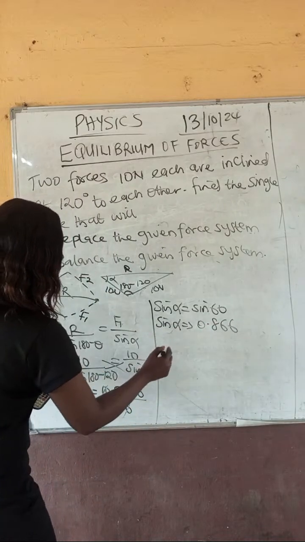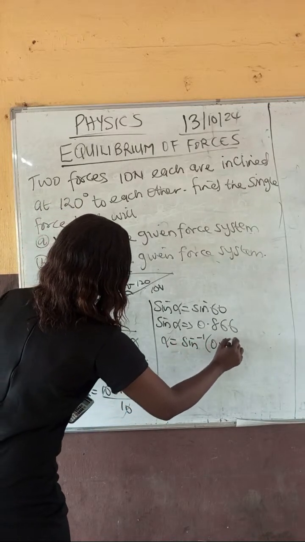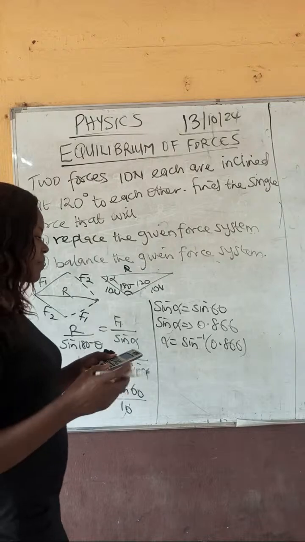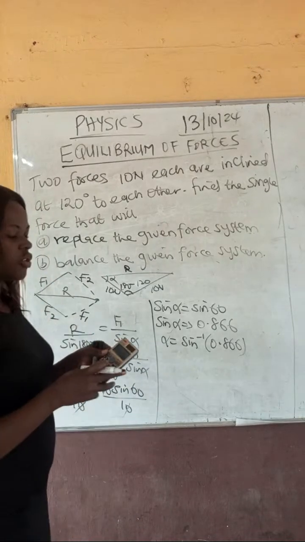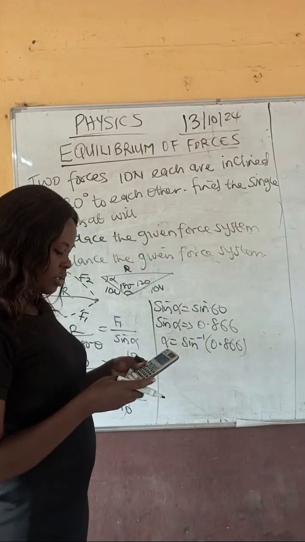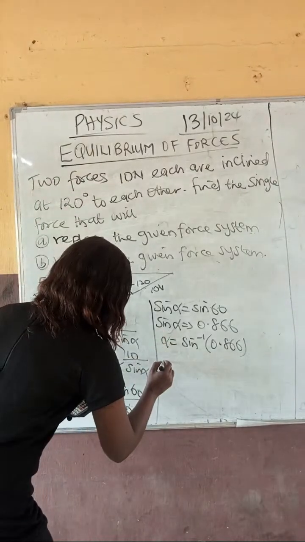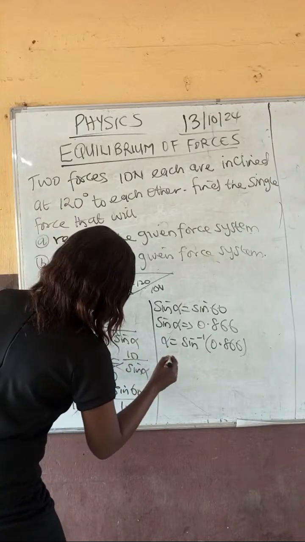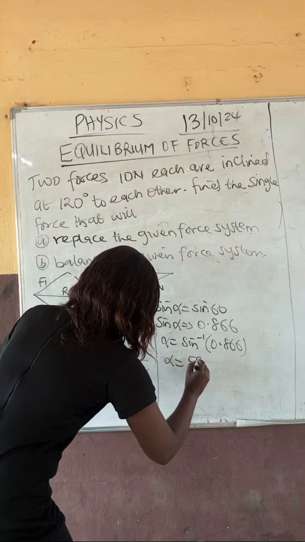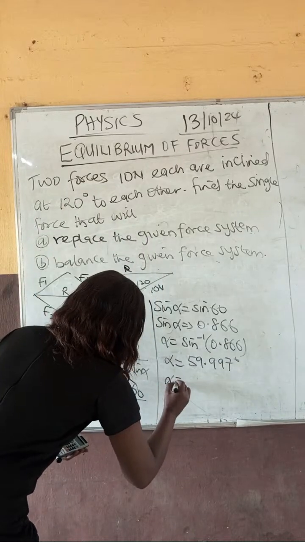Then because I'm looking for the direction, alpha is equal to sine inverse of 0.866. You don't have to type it out, just press shift sine on your calculator. It will give you this symbol. Then you press 0.866, equals. That will give me alpha to be 59.997 degrees. Then approximately it is what?